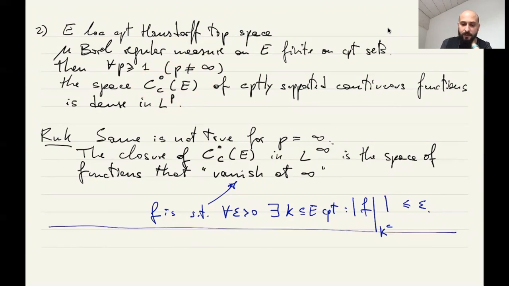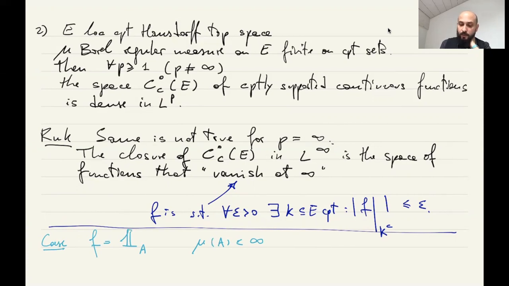So we have the case of f equal to the characteristic of a set A with the measure of the set being finite. Okay, so it's enough to prove that we can approximate these functions with continuous compactly supported functions.